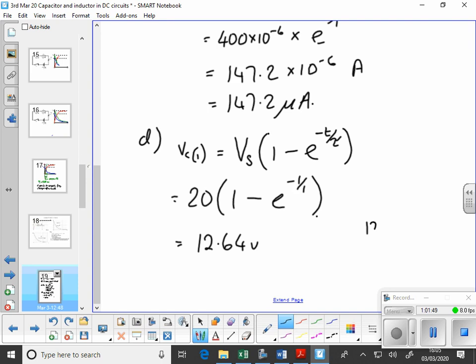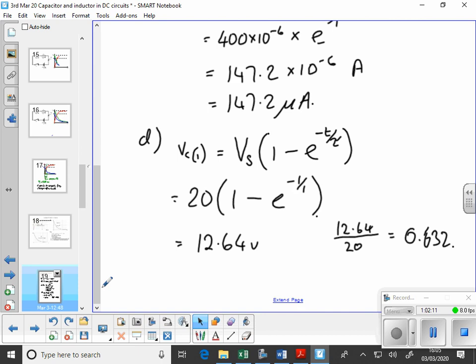Just do 12.64 over 20. So it's gone 0.632 of the way, or 63% of the way from 0 to 20. There's a reason why I want to do that.